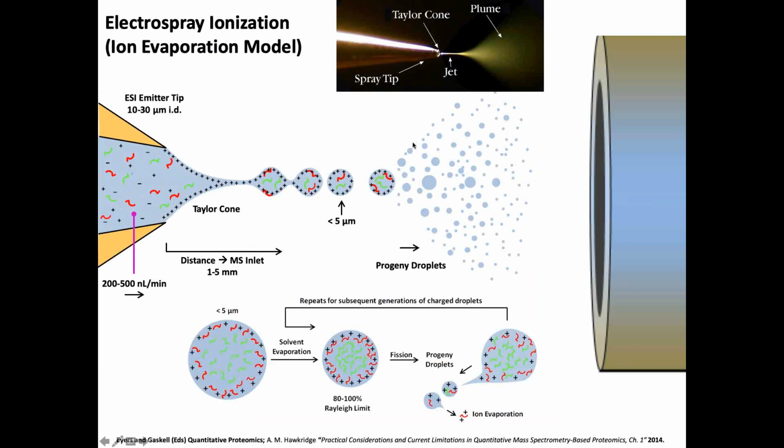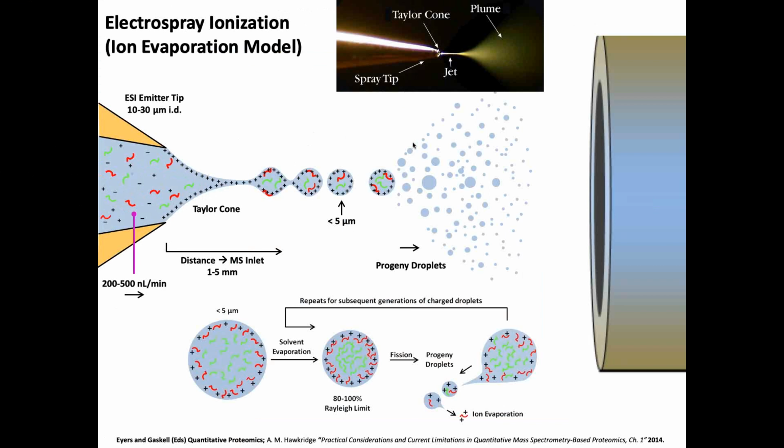As you get closer and closer to the inlet, as evaporation continues to occur, we're now looking at that bottom figure showing you that parent droplet of maybe less than 5 microns. As solvent begins to evaporate, those charges get closer and closer to one another. The surface area of that droplet becomes smaller because the volume of the droplet is going down.